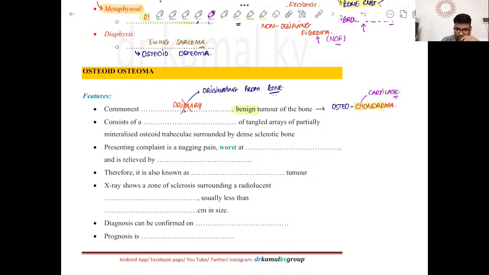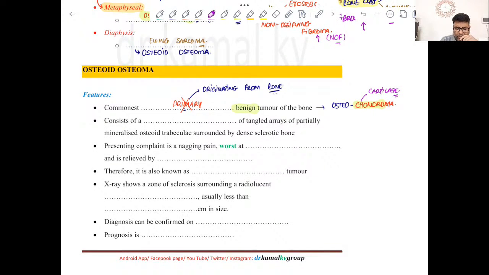Now the classical radiological feature of osteoid osteoma is a nidus, right? So nidus is the classical radiological feature of the osteoid osteoma. If I draw the nidus here, suppose the nidus is something like this, okay?